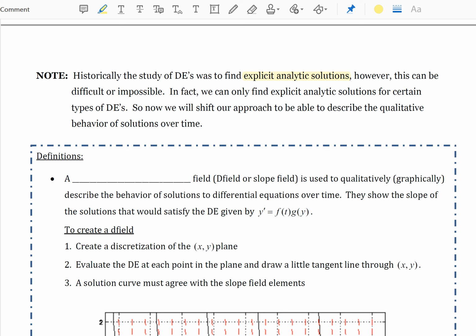However, this can be difficult or impossible. In fact, we can only find explicit analytic solutions for certain types of differential equations. So now, in this chapter, we will shift our approach to be able to describe the qualitative behavior of solutions over time.